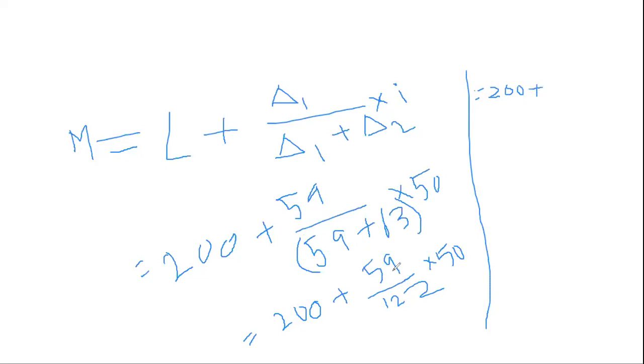Here, if you cancel also, no problem. If you multiply 59 into 50 also, no problem. If you multiply 59 into 50, you will get 2950. Then divide by this 122. If you cancel it, you will get 24.18.